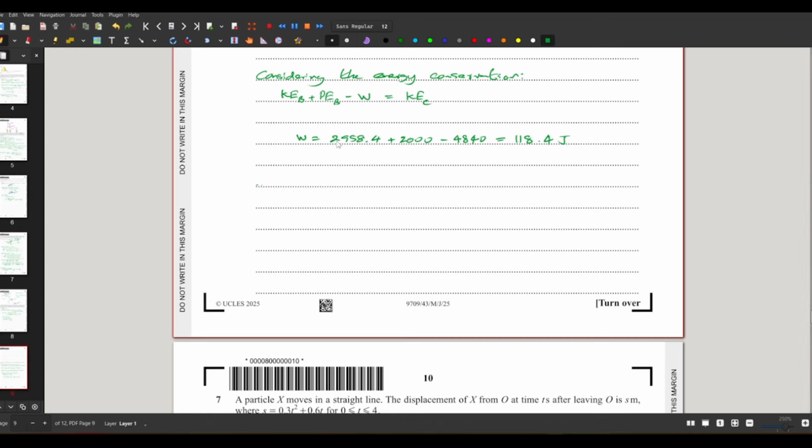Therefore, we can say the work done against the resistance, to three significant figures, we can write 120 joules.